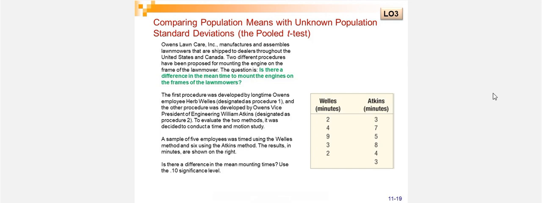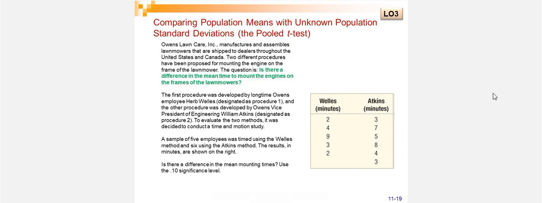Then kita cuba minta Lau Wenyi. Yes, Doctor. Lau boleh baca Lau? Boleh. Comparing population means with unknown population standard deviation, the pooled t-test. Owens Lawn Care Inc. manufactures and assembles lawn mowers that are shipped to dealers throughout the United States and Canada.